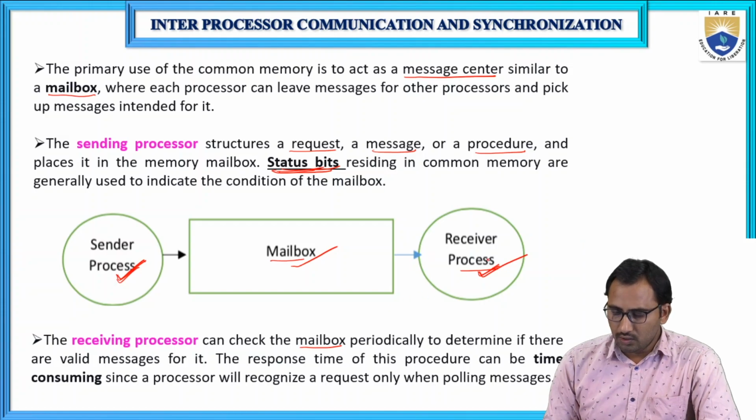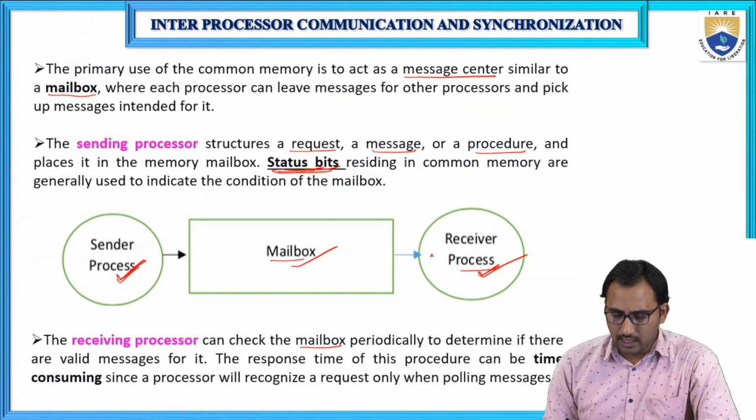So after reading, this receiver process always has to monitor periodically whether the mailbox contains data or not. If the data is available, only then can the receiver process read from that mailbox. Otherwise, the receiver processor has to wait until the mailbox receives the data from the sender processor.